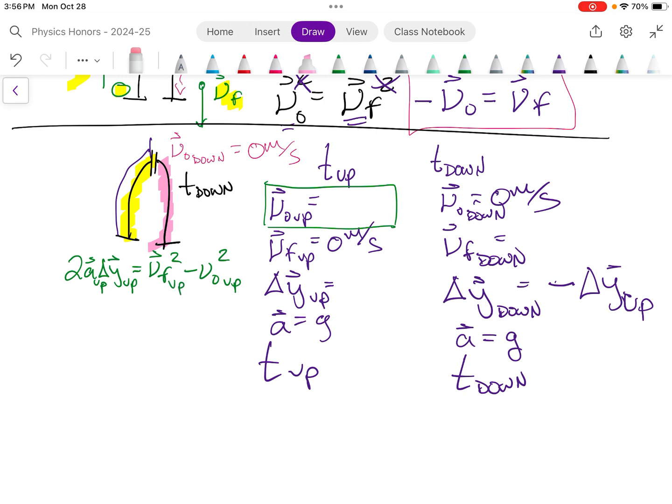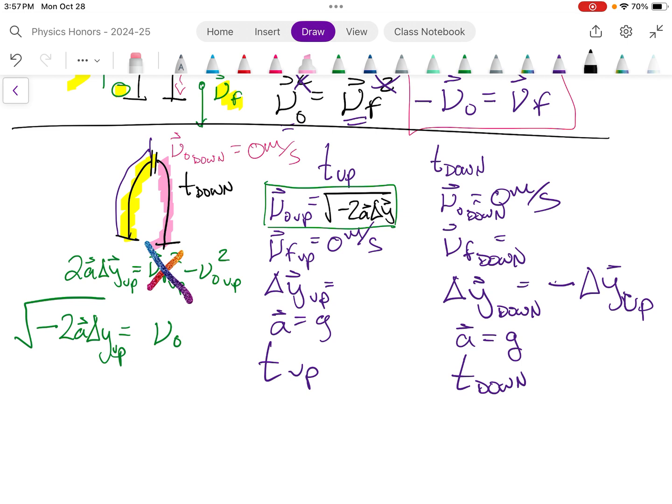I guess I did not need to subscript that. All right. What do we know about the final velocity on the way up? 0. Thank you. All right. So we got vo equals, and is that a problem that there's a negative under the root? No, there is not, because that acceleration is also negative. Okay, so we have our initial velocity. It happens to be that somewhat gross looking thing.